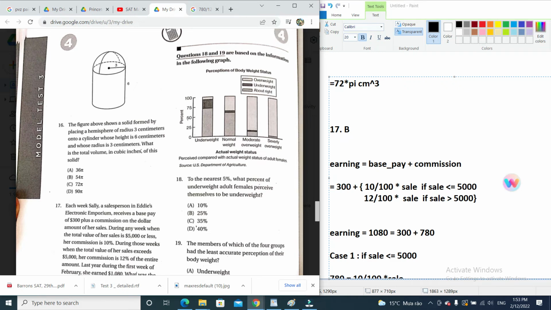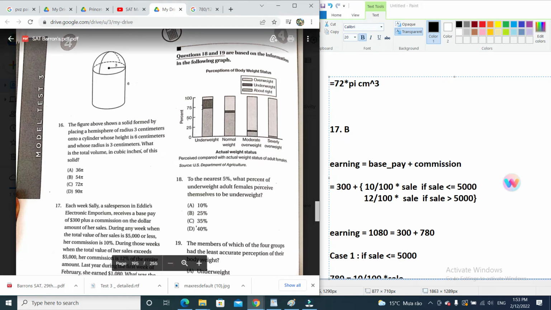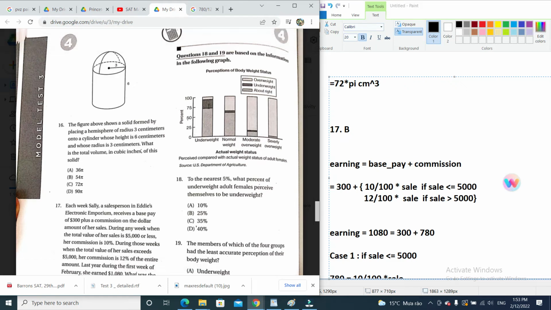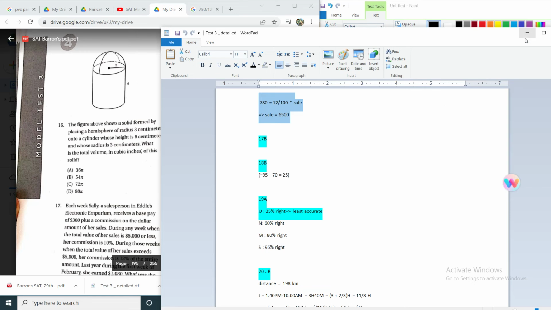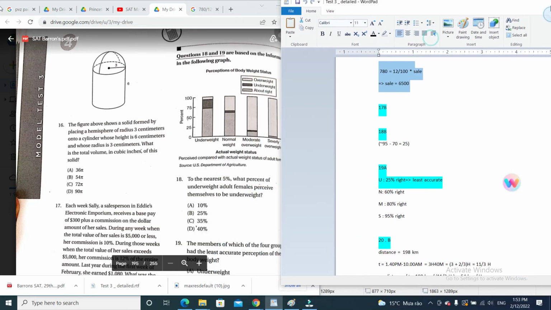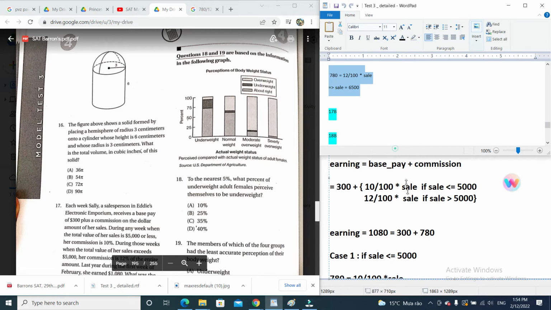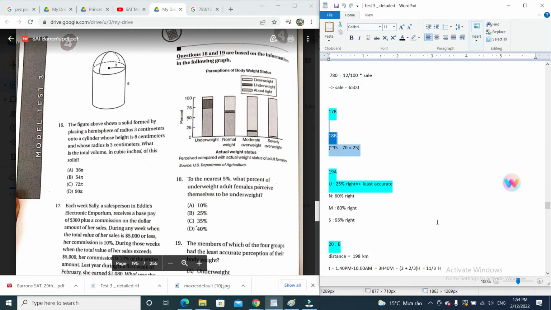So it's around 95 minus 70, so it's 20 to 25. So number 18 should be B, because it is 95 minus 70.